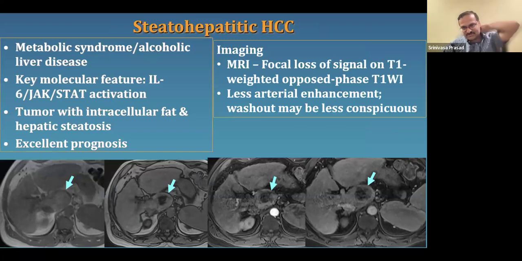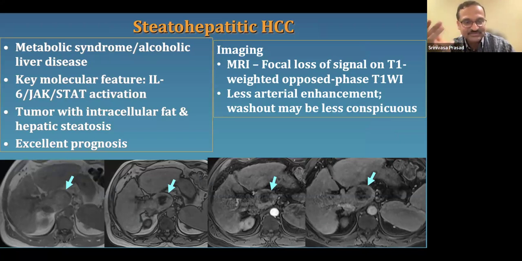Now, based on the improvements and advances in pathology and genetics, we now have at least 7 or 8 different subtypes of HCCs, the so-called morphomolecular subtypes, based on morphological as well as molecular changes or genetic abnormalities.